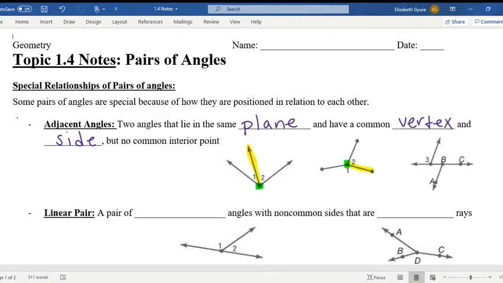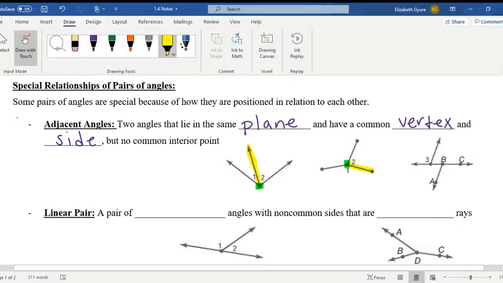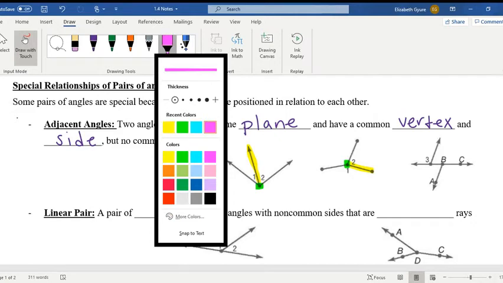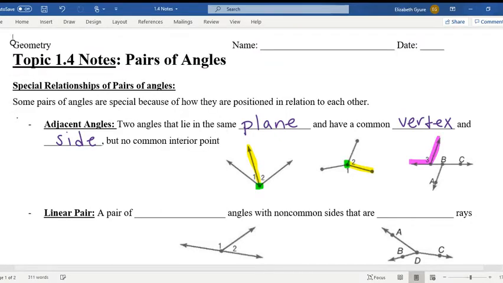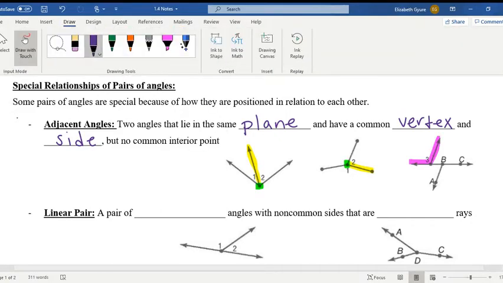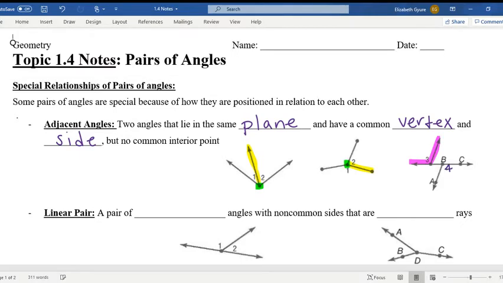So those are adjacent. But if you look at this third picture here, these two angles, if we looked at angle 3, which is this angle here, and it's not labeled, so let's put a little 4 in it. We'll call this angle 4.